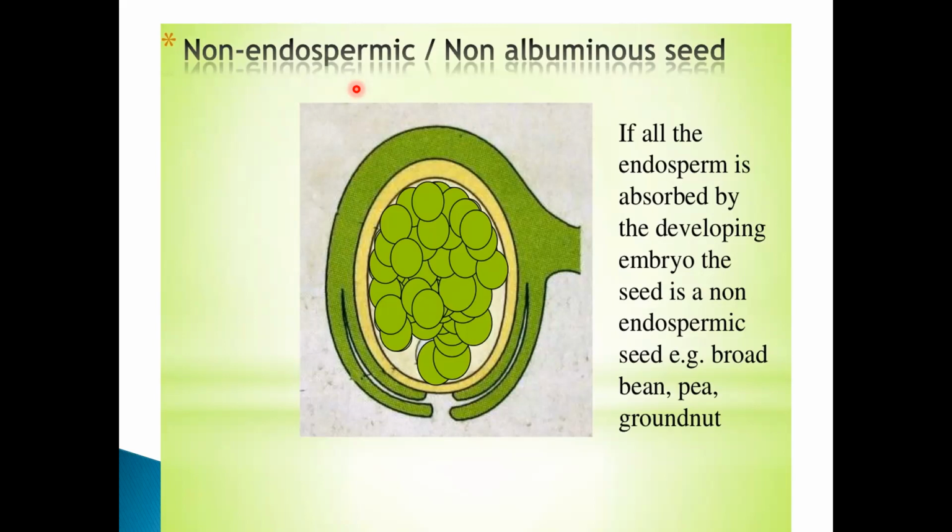Why do you need to know the example? The question can be asked in this way: give the definition of non-endospermic seed with example. This question can be asked for 2 marks, or otherwise, give the differentiation between non-endospermic seed and endospermic seed. So the question can be asked like this also. One point can be your definition, whereas the second point can be your example, so that it sums up the 2 marks for you.